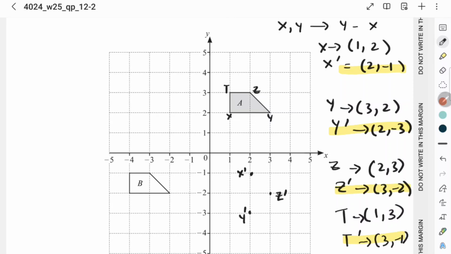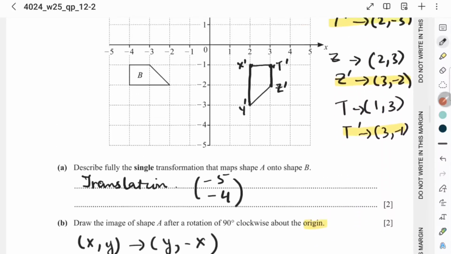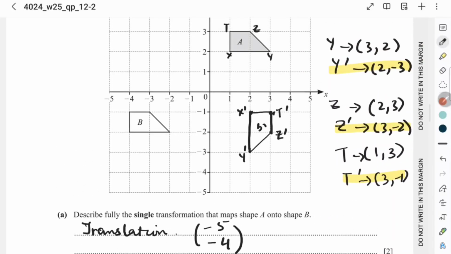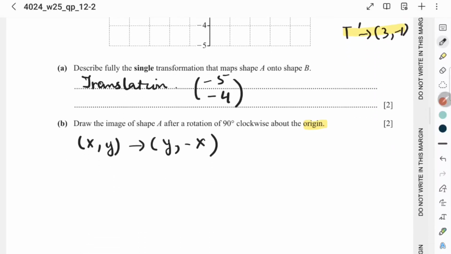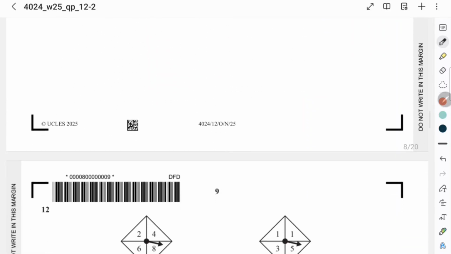Okay. And then (3, minus 1). Join. That is the answer for your part B. What we did, we rotated the triangle, the shape A, 90 degrees clockwise about the origin.